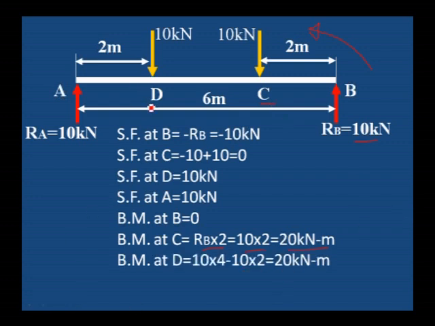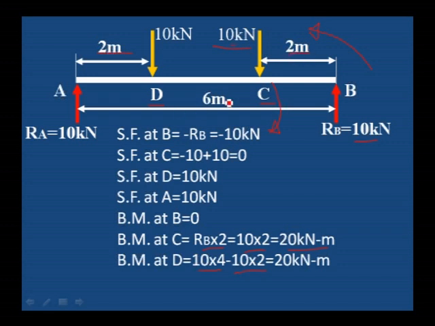Bending moment at D, how to calculate? RB into distance from D to B, that is 10 into 4, minus 10 kilonewton, which is a clockwise moment, into the distance from C to D. Total distance is 6 meter, minus 2 meter on either side.